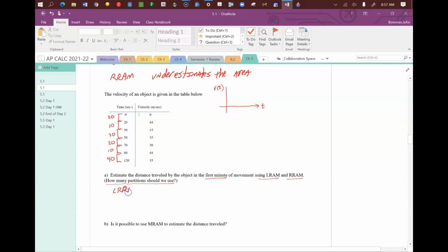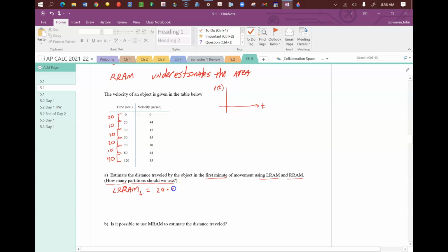LRAM with 6 subintervals is going to use the width of the interval, so first interval 20, times the height of the rectangle at the left-hand side, which is going to be the value of the function.